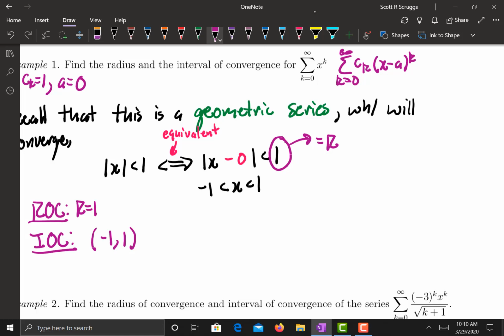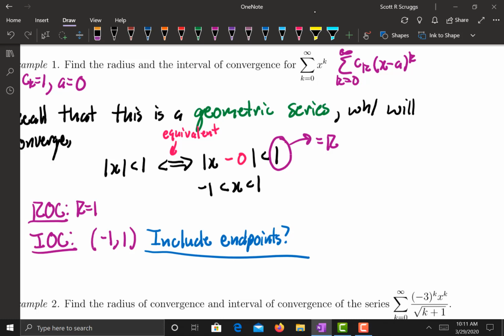Now, when you form your interval of convergence, you always have to ask yourself, do I include the endpoints? The way that we verify whether or not we include the endpoints is we plug our endpoints into our series and determine whether I have a convergent or divergent series.